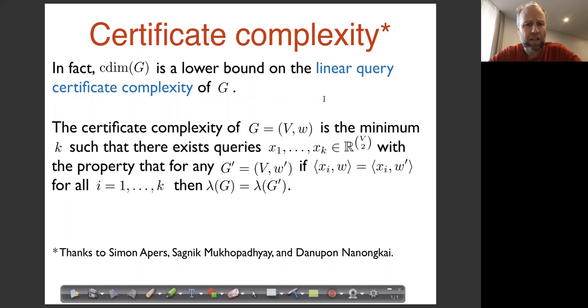Okay, so let me explain what I mean by certificate complexity in this context.